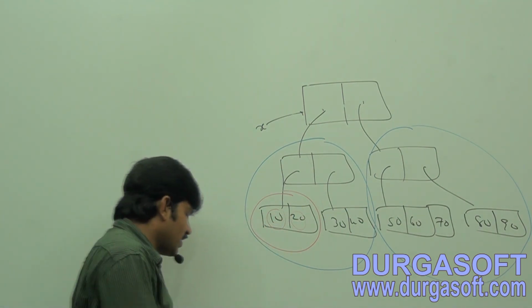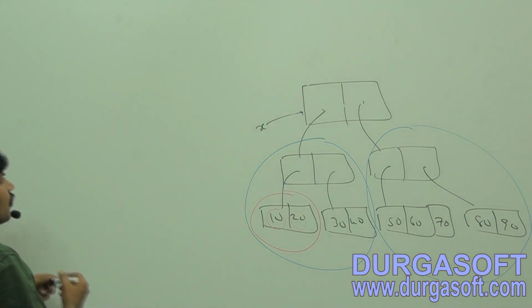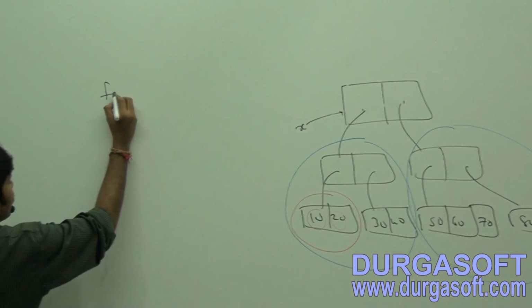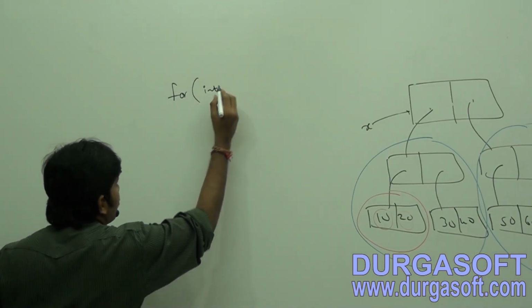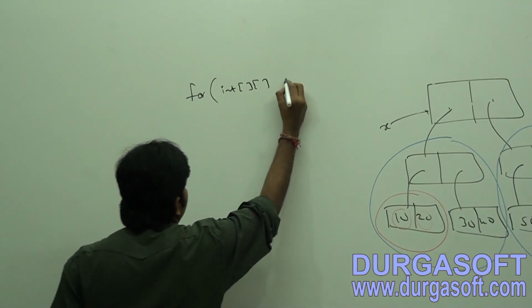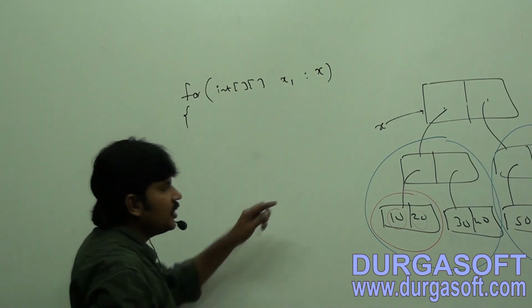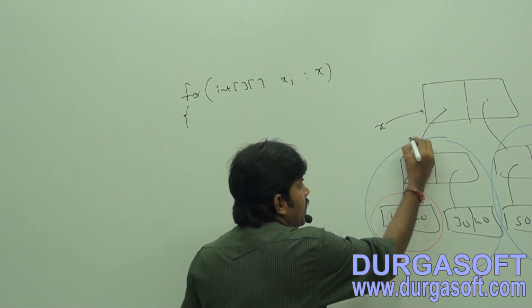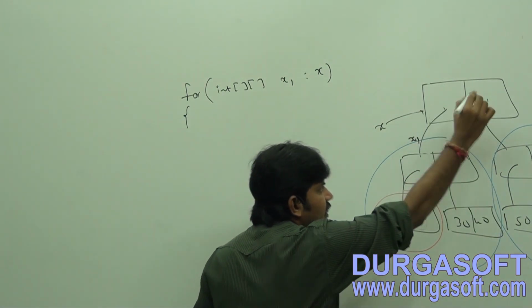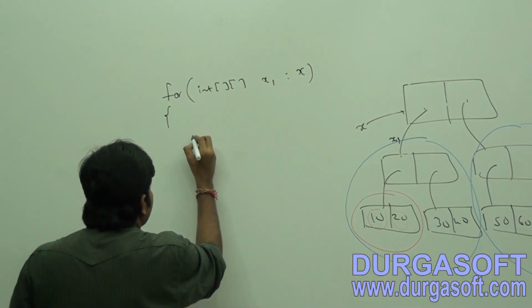Can you spell out what is the code for this? What is the code? For each two-dimensional array x1 in X. What is the next one?